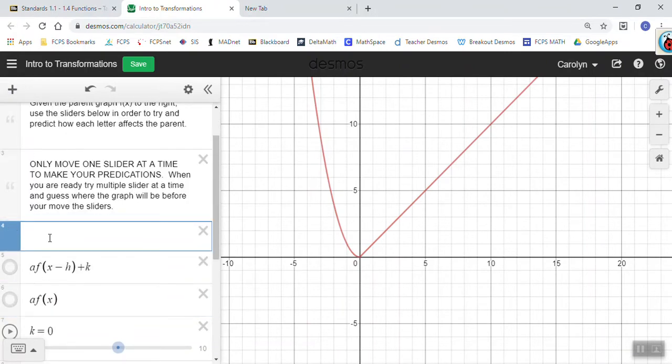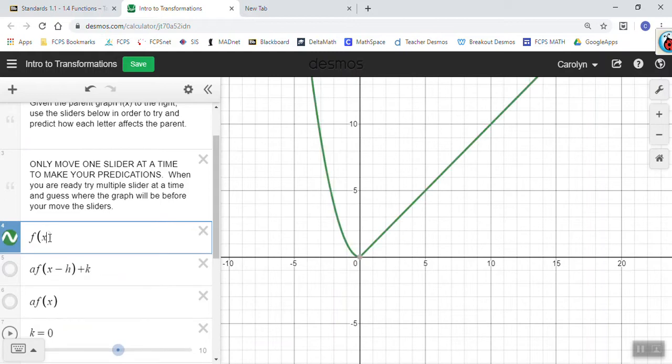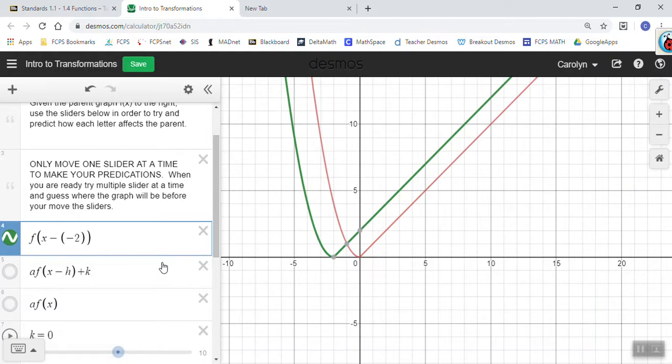Okay, f of x plus... it's going to graph as soon as I do this. Where'd it go? It moved left. Watch this. Do you see it? Want me to add some grouping symbols for what H is?